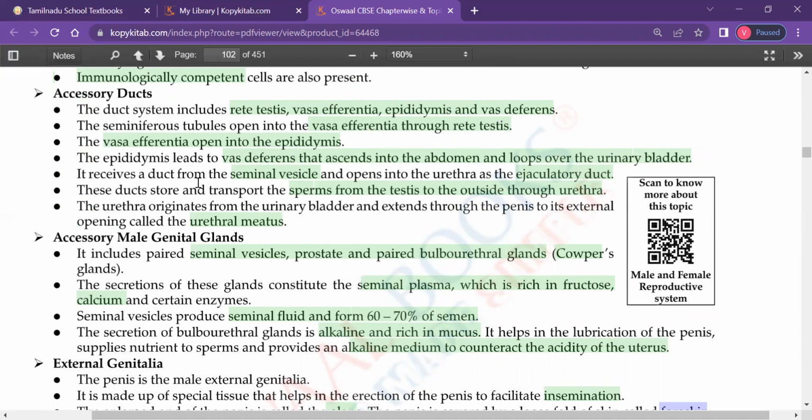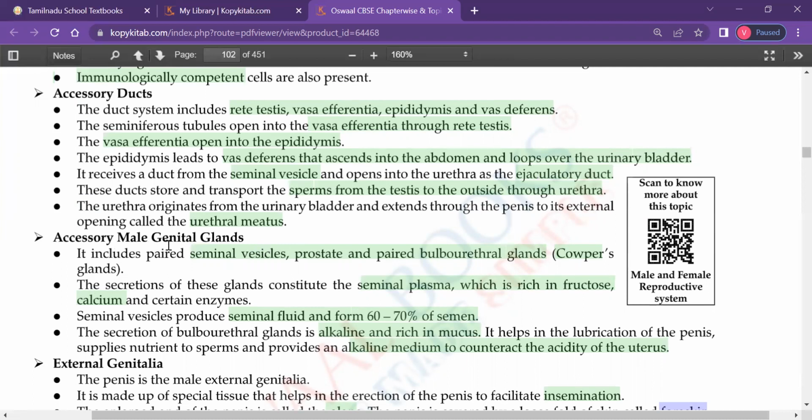It receives the duct from the seminal vesicle and opens into the urethra as the ejaculatory duct. These ducts store and transport sperm from the testis to the outside through the urethra. The urethra originates and extends to the penis to its external opening called the urethral meatus.